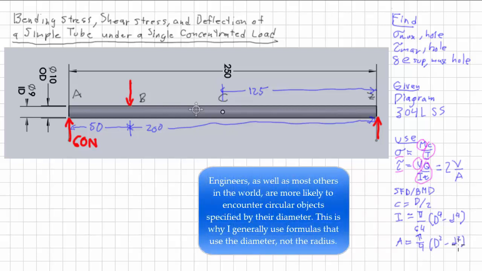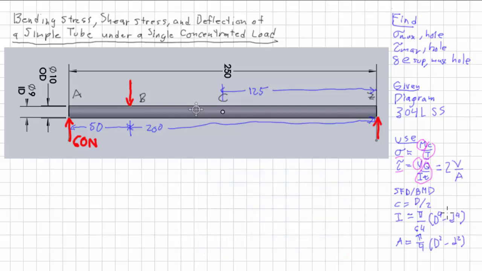So what we're really doing is we're simplifying for both of these, taking the total as if it were solid, that's big D to the fourth, and we're subtracting out the smaller inside diameter. Okay, so we know what we're going to use here.